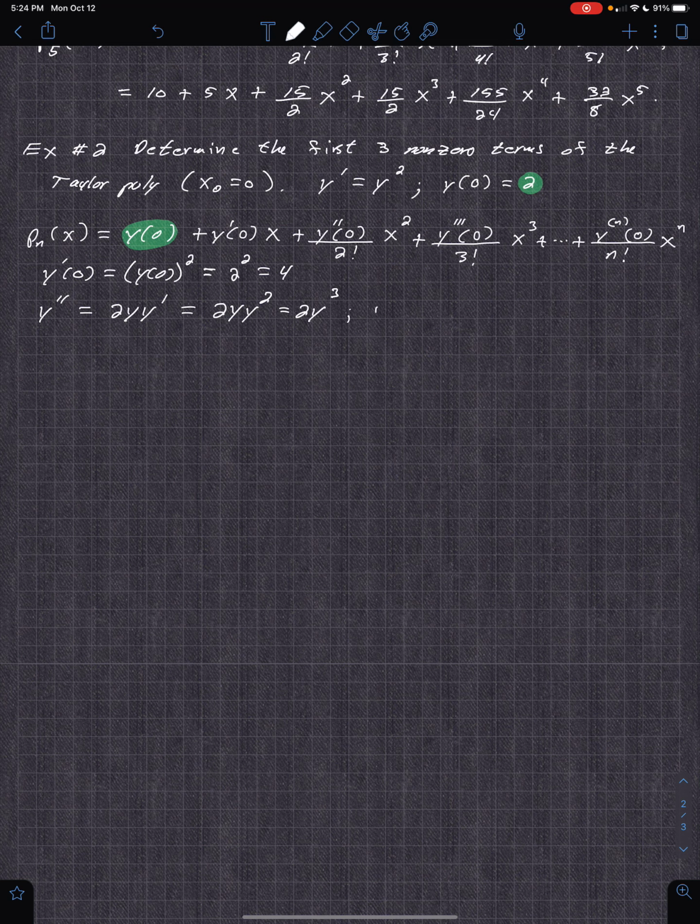Okay, so then we can evaluate y double prime at 0. That's 2 times y of 0 cubed. So that's equal to 2 times 2 cubed, which is 16.